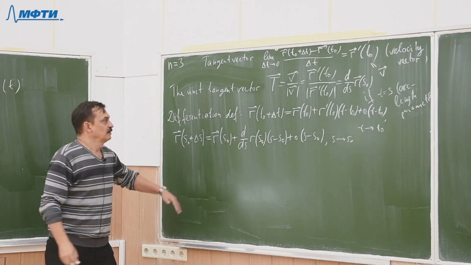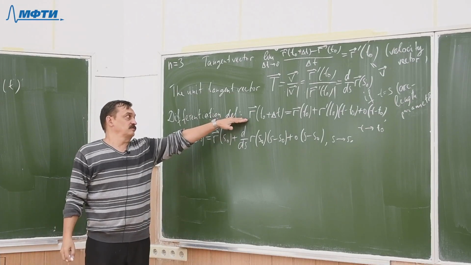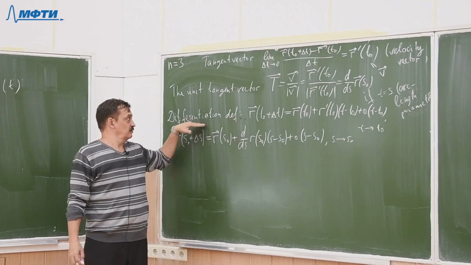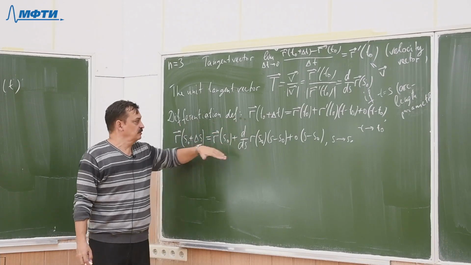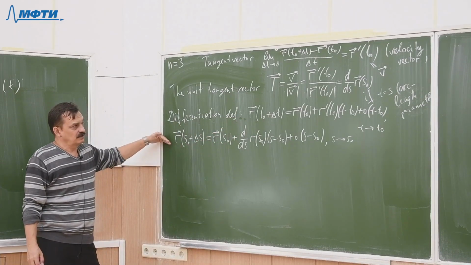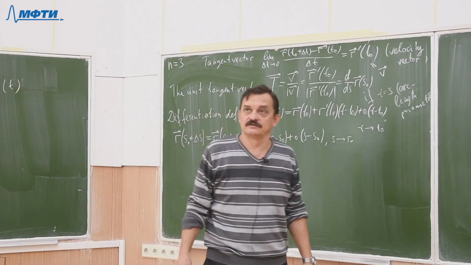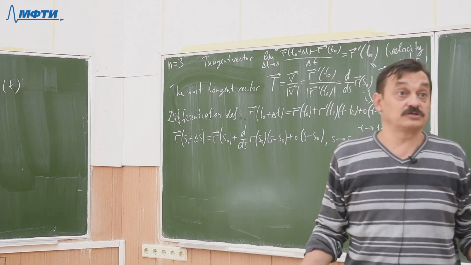So here I wrote the definition for an arbitrary parameter, and here the particular case of arc length parameter, of course it's the same, just up to notation t equals s.